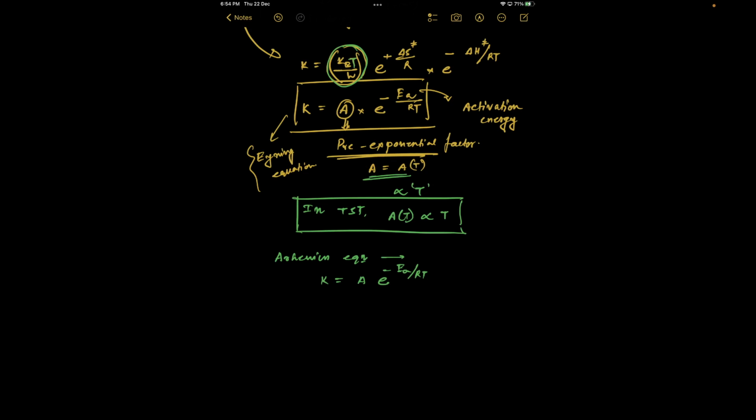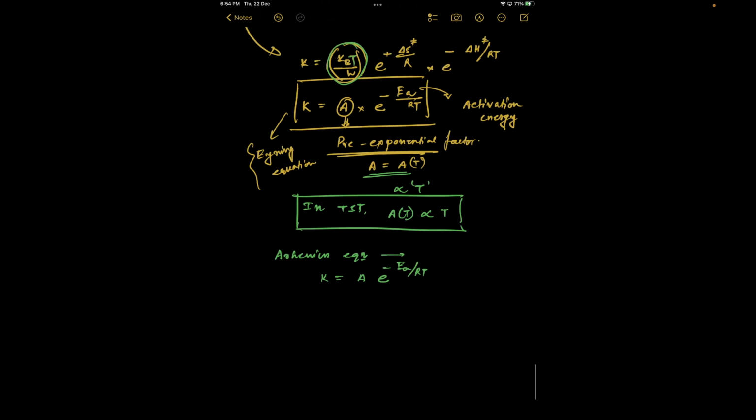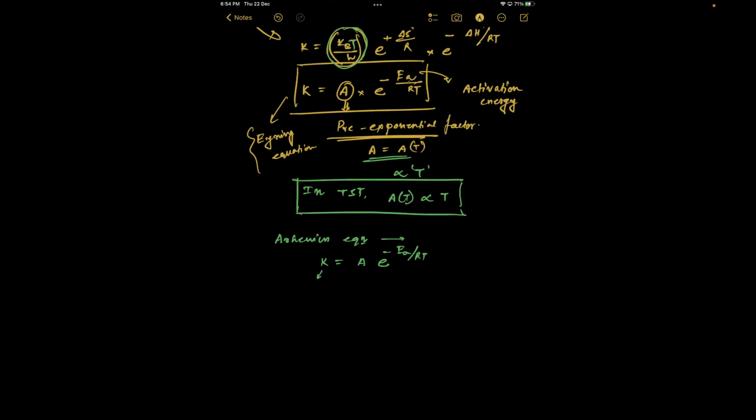So empirically, from experimental data, he fitted this equation. k is the rate constant, A is the pre-exponential factor, E_A is the activation energy, R is the universal gas constant, T is the absolute temperature. Now here A is just a constant, not temperature dependent, but in the proper Eyring equation from transition state theory, you can see the pre-exponential factor is temperature dependent.